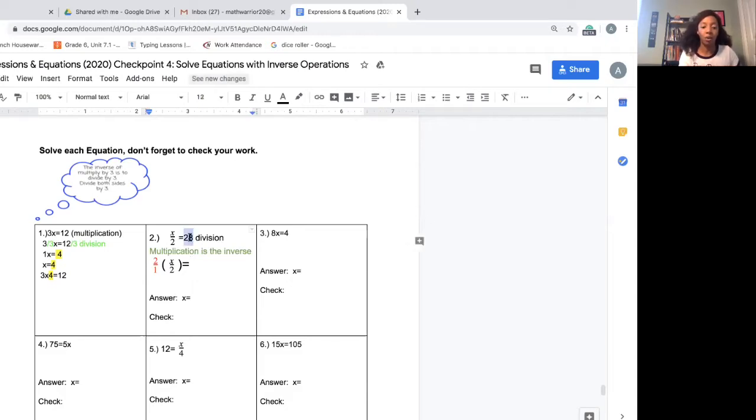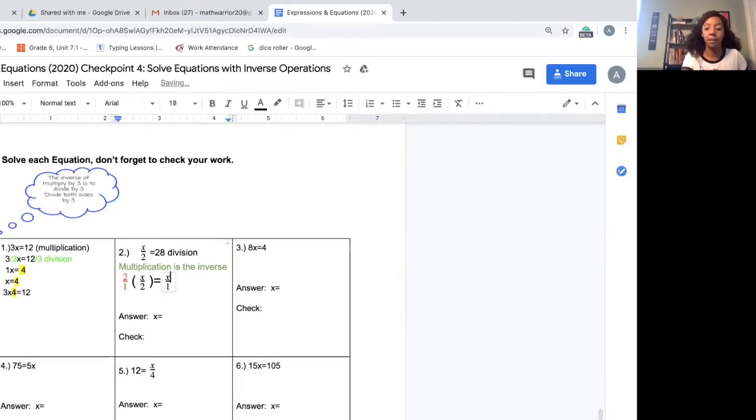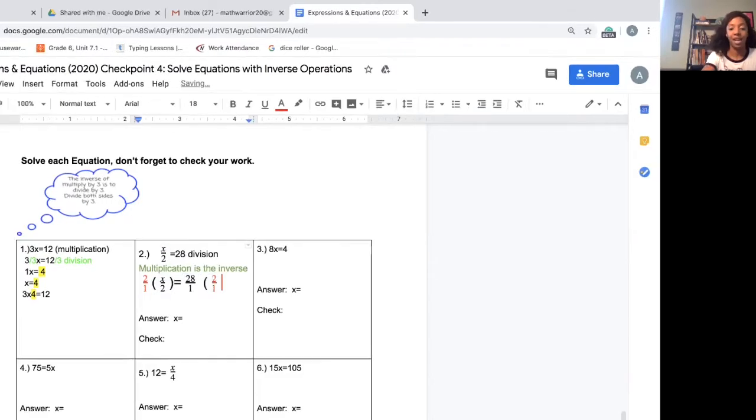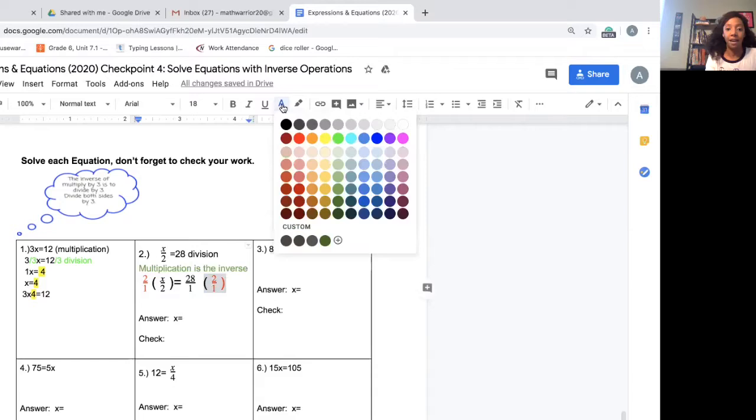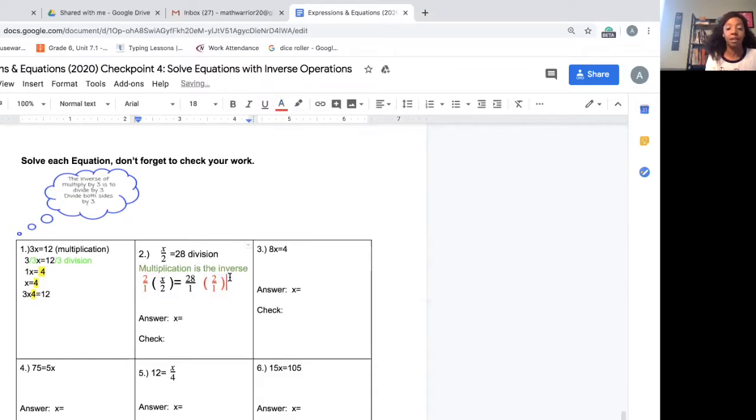Because 28 is a whole number, it is important that I turn 28 into a fraction by simply placing a 1 under it. I can now perform my multiplying fraction operations by multiplying numerator times numerator and denominator times denominator on both sides.